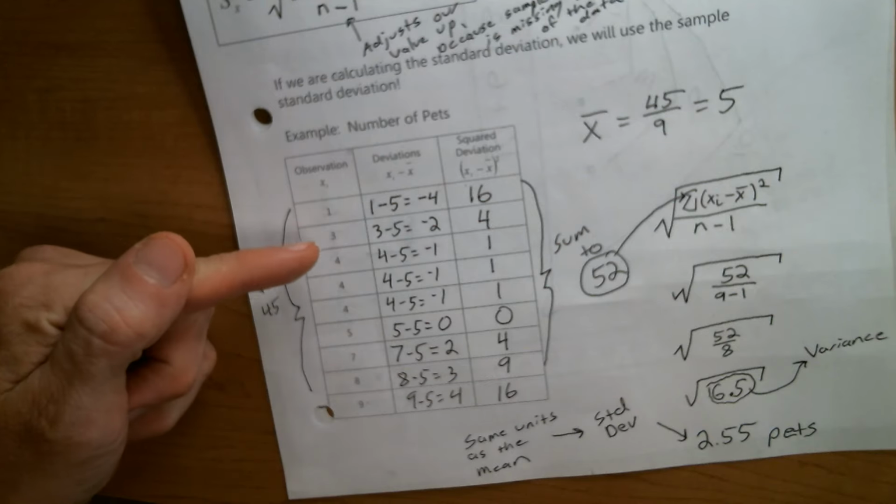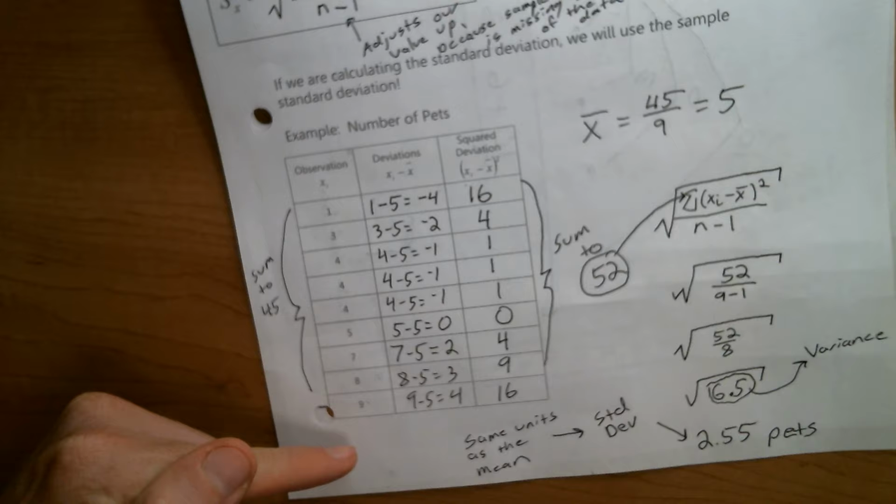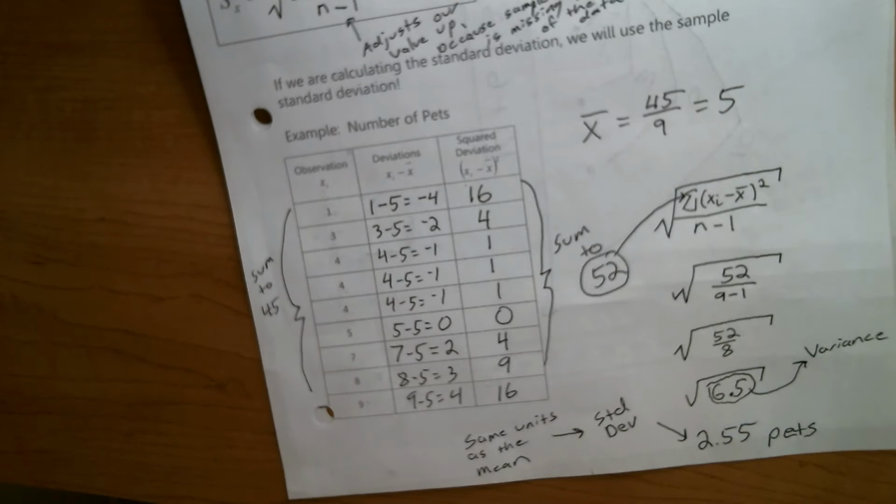Some are closer, all right? Some are further away, but those distances average out to be 2.55 pets, all right? And that's what the standard deviation is measuring. It's measuring the average distance from the mean, all right?